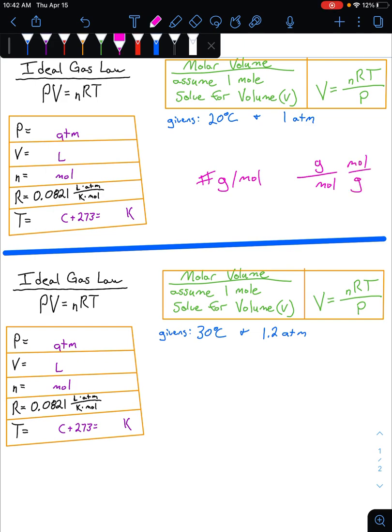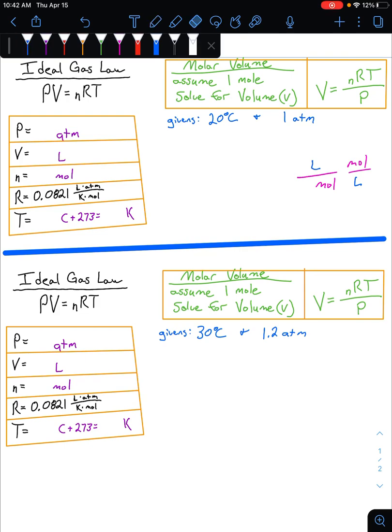I want to be able to do the same thing, but instead of grams, I want volume. Volume is liters. Liters per mole. That way we can do liters over moles or moles over liters and get a nice conversion from moles that we can get from a balanced chemical equation to liters of a gas that is produced instead of grams.